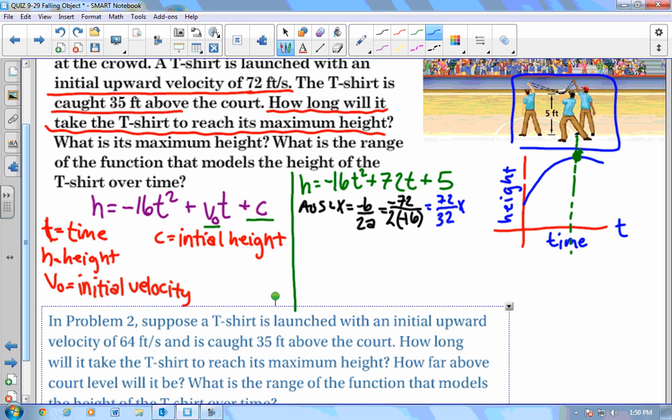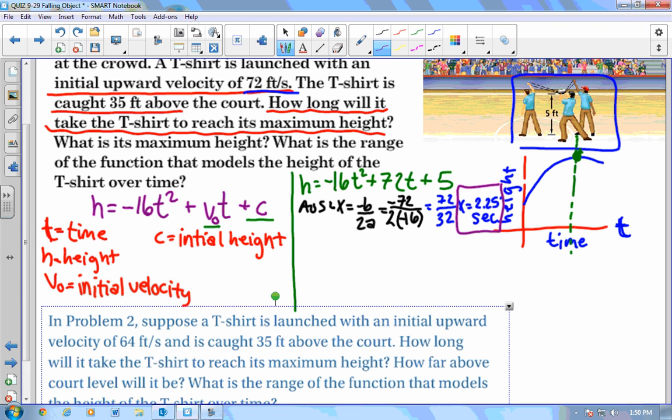So x equals 2.25, and this is seconds. Because isn't the time, the x-axis, seconds? Yeah, because it says here feet per second. So there's our first answer. It will take 2.25 seconds to reach its maximum height.